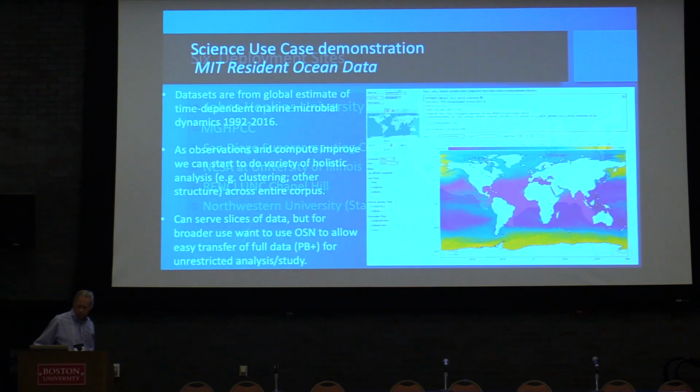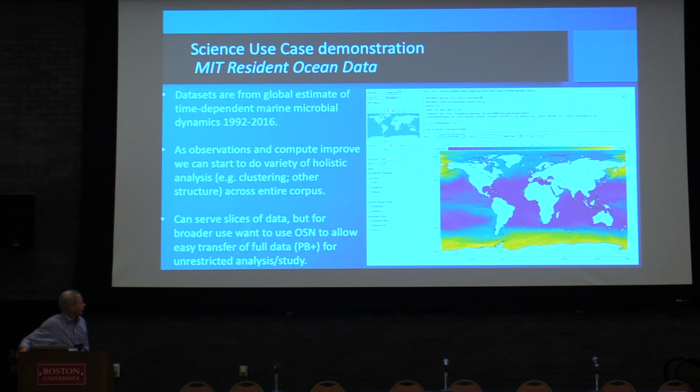If I go forward rather than back, just one example. This is actually working with a project where our connection is Chris Hill at MIT. He may still be in the audience. But the idea here is that the geoscience community is now capable of generating simulated synthetic data that's pretty close to the real thing for really interesting sizes of ocean.